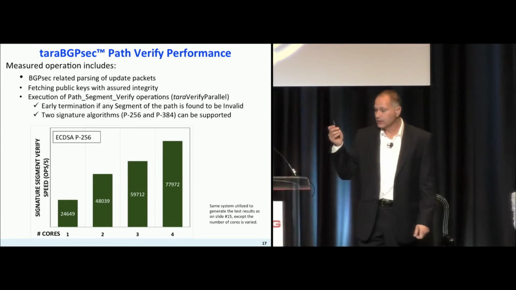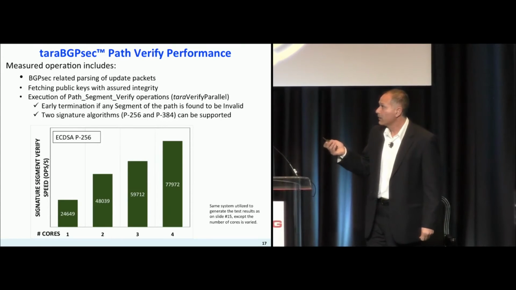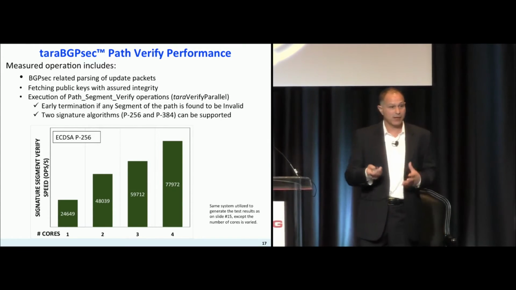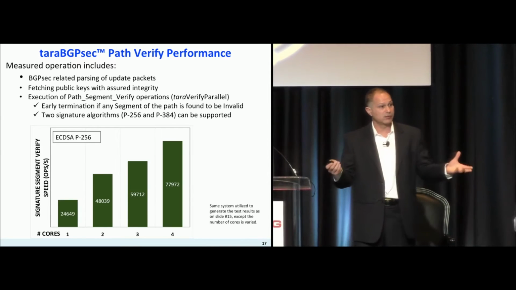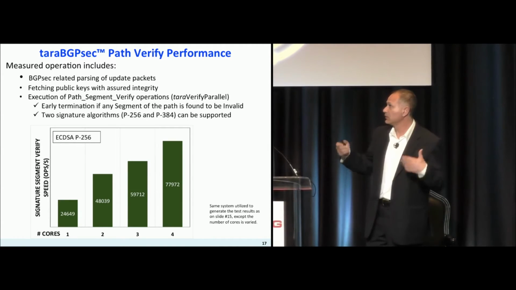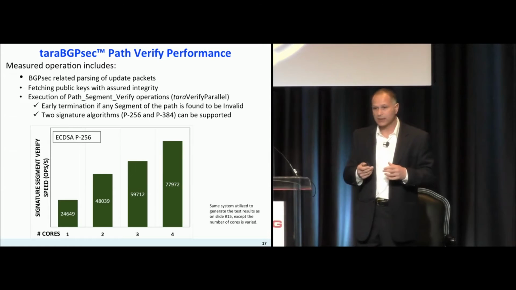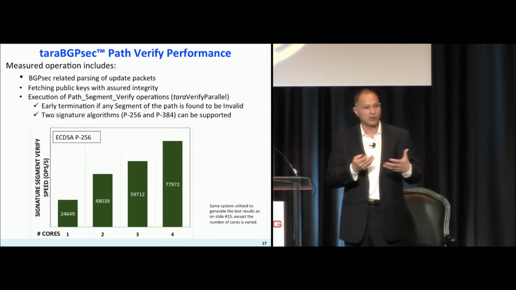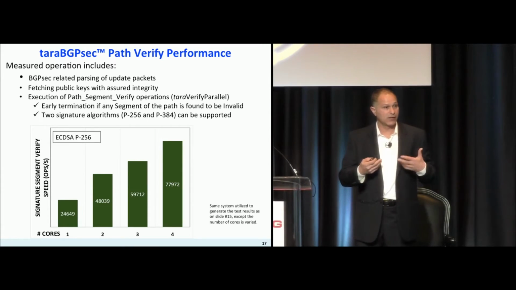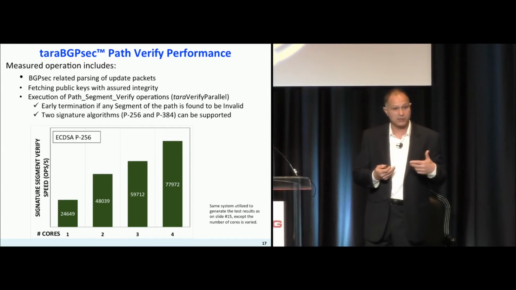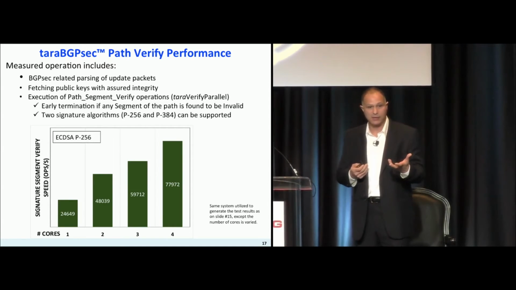Another example is the path verify. Remember, in this particular case, a path actually contains potentially multiple hops. So we need to marshal that data together, figure out what we are going to be validating. So each hop actually has to be dealt with independently, right?